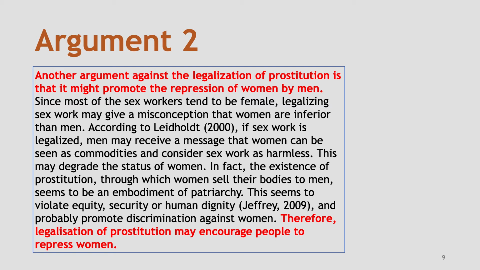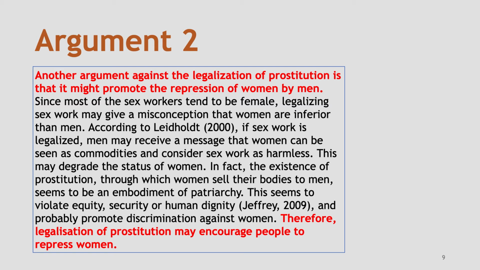So since most sex workers tend to be female, legalizing sex work may give a misconception that women are inferior to men. And then with a credible source, according to Holt, if sex work is legalized, men may receive a message that women can be seen as commodities and consider sex work as harmless.